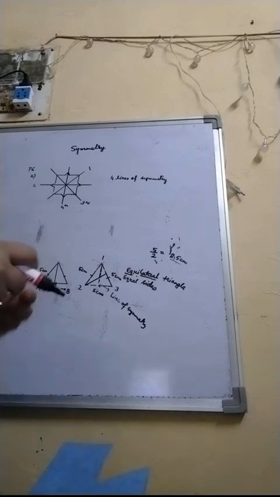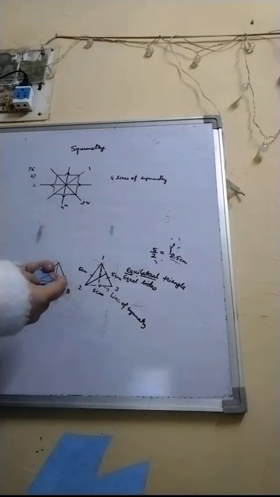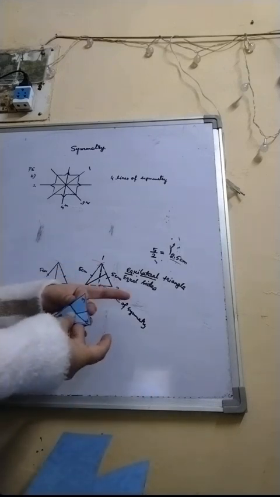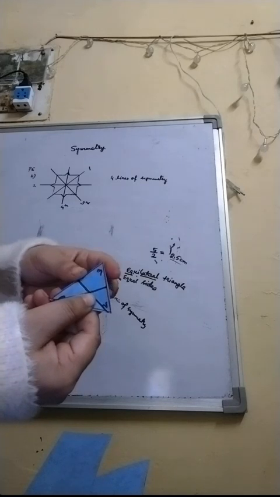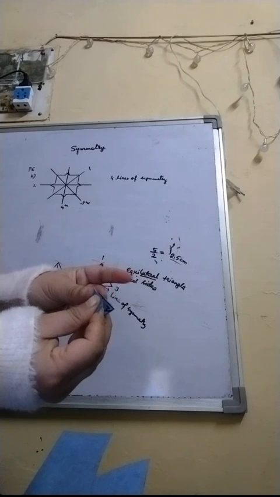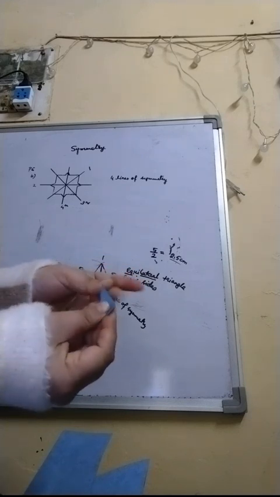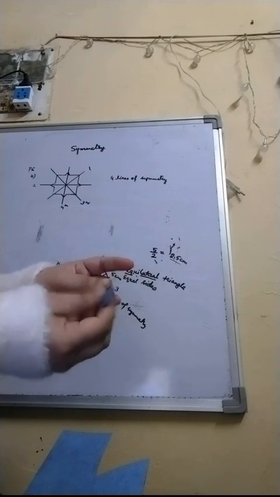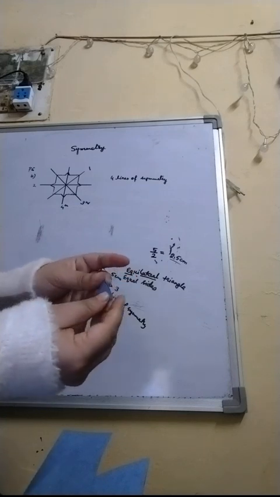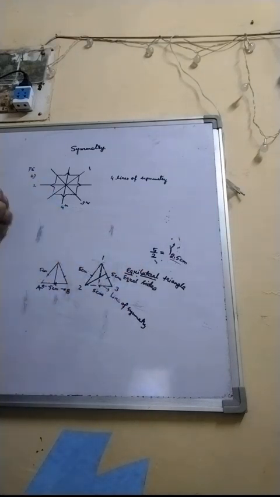Then what would be the third line of symmetry? When you fold it along the third corner. This is the third corner. So I fold it along the third corner and I would get the third line of symmetry. So this is my third, just a minute.